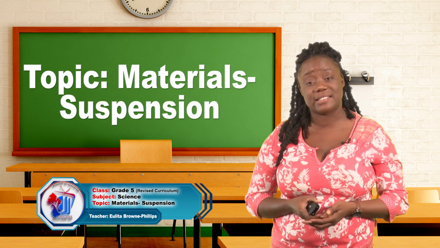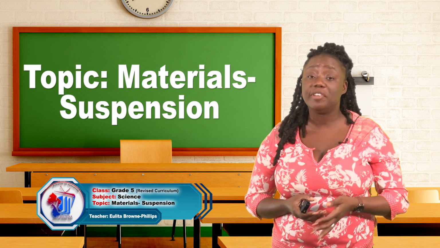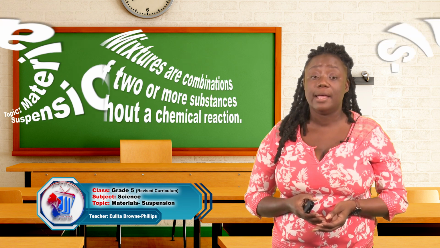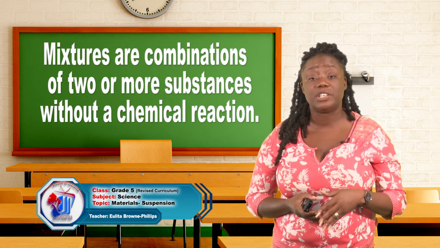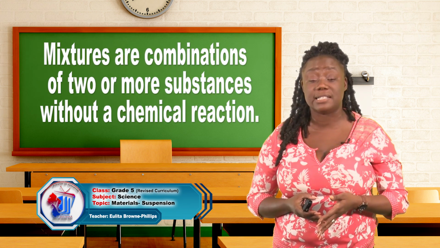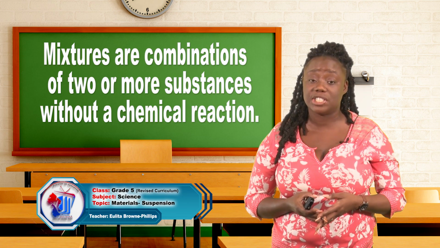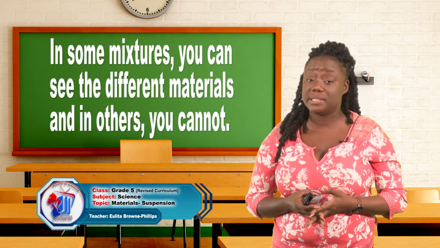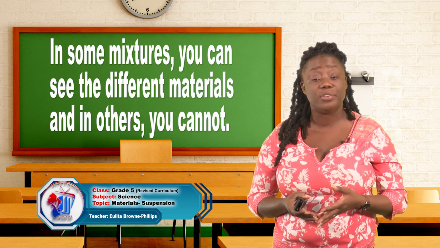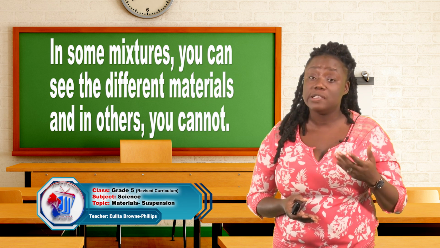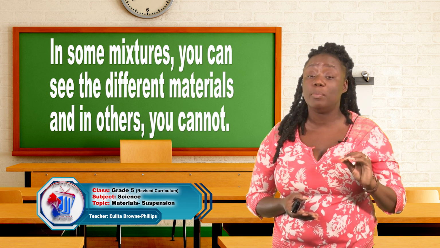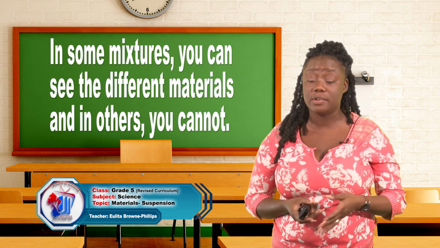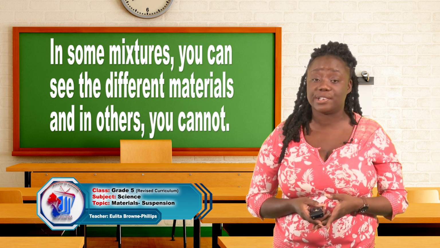What are mixtures? We would have learned previously in our science lesson that mixtures are combinations of two or more substances without a chemical reaction. In some mixtures, you can see the different materials, and in some, you cannot. We would have also established that almost all of the things around us are mixtures.